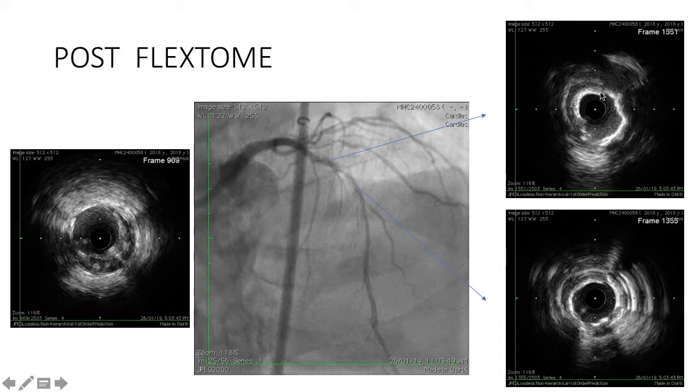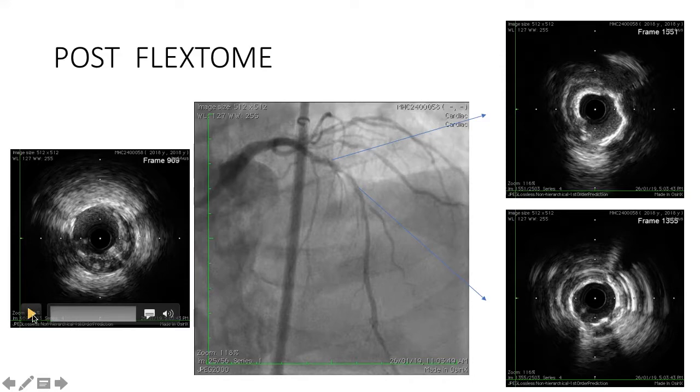images. Before there was a circumferential calcium here, now you can see there is a cut here with a clear ultrasound ray penetration, and also there is another cut here with a clear visibility of tissue underneath. You can also see here in the distal calcium and fibrous ring, there is one cut here with the penetration, and another cut here and also another cut here.